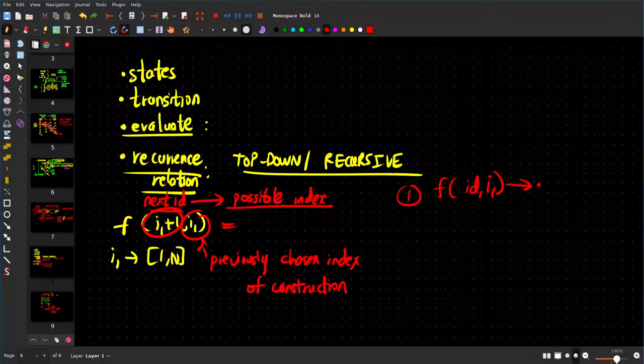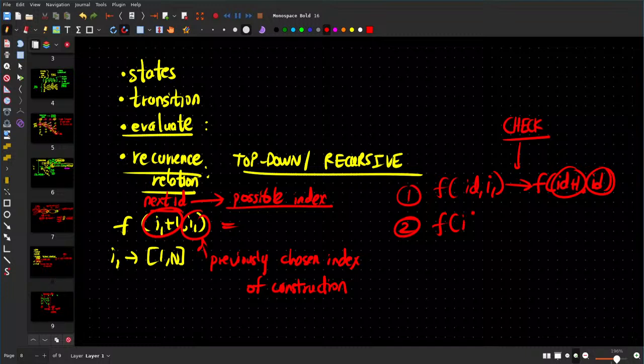This choice was to consider it in the subset, and we need to check the constraints. After checking, if it is valid, then it would be index ID plus 1 and ID. This becomes the last previously chosen, and this becomes the next searching index.